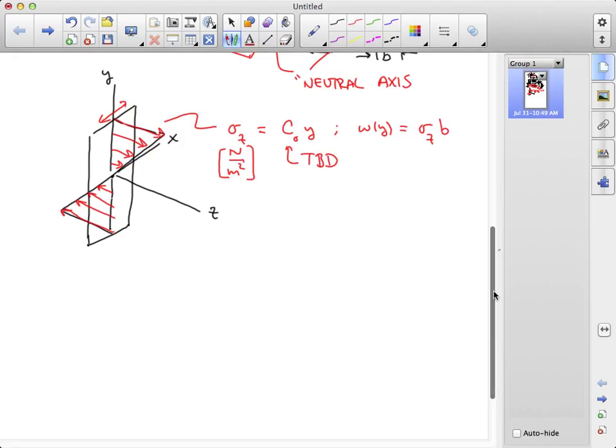As part of our internal force distributions, it's presumed that we've already found the normal force and the bending moment. Now, these are going to be a little bit different because they're going to be a function of z, which is along the long axis of the beam. We're going to suppose we've already found the internal forces, which for our new coordinate system are going to be a function of z, since that's the long axis of the beam.